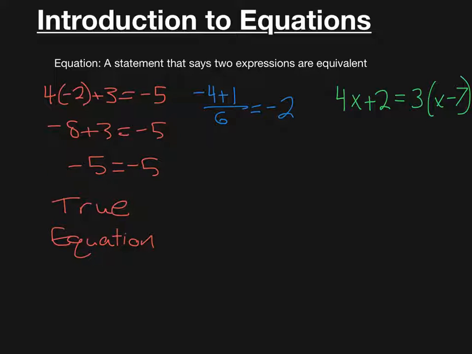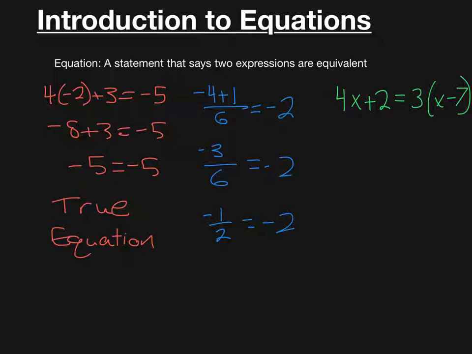Now, our second equation: negative 4 plus 1 over 6 equals negative 2, right? We can see if this is true. Negative 4 plus 1 is negative 3, so we have negative 3 over 6 equals negative 2. If we simplify negative 3 over 6, that gives negative 1/2 equals negative 2.